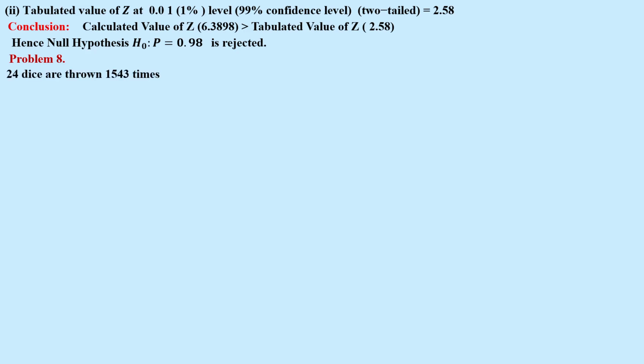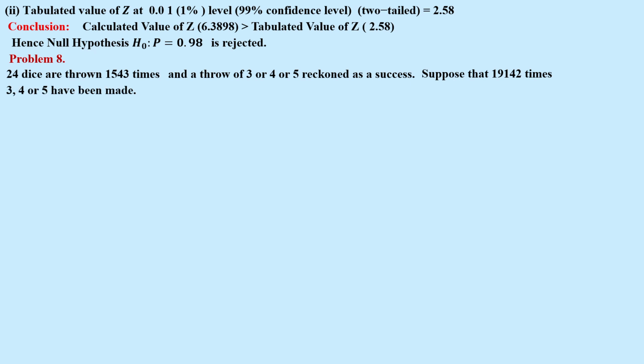24 dice are thrown 1543 times, and a throw of 3 or 4 or 5 is reckoned as a success. So getting 3, 4 or 5 is considered a success. Suppose that 19,142 times 3, 4 or 5 have been made. Do you think that the observed value deviated from the expected value significantly?